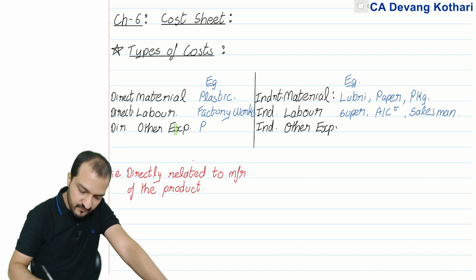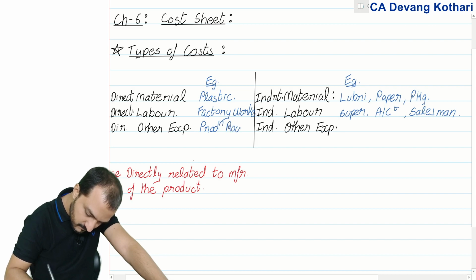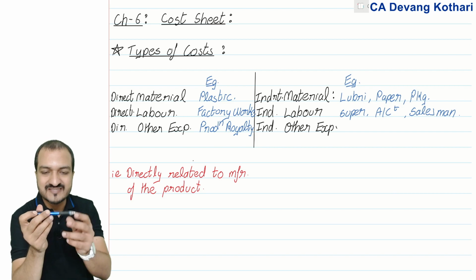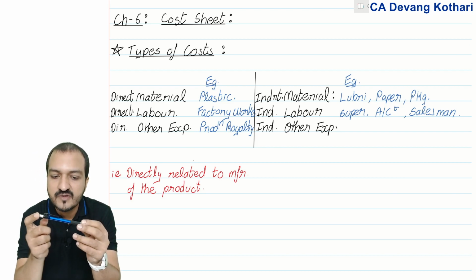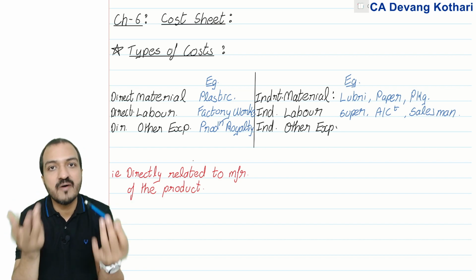I am giving an example from my end. Let's say my example here is production royalty. I'll tell you what it means. Let's say I am manufacturing these pencils as per a particular design, but the design which I am using is not created by me.